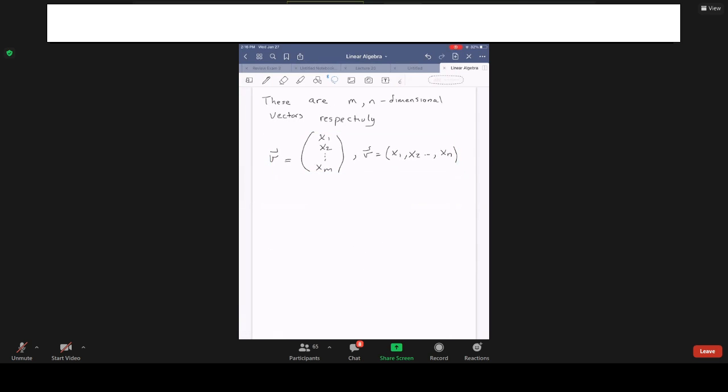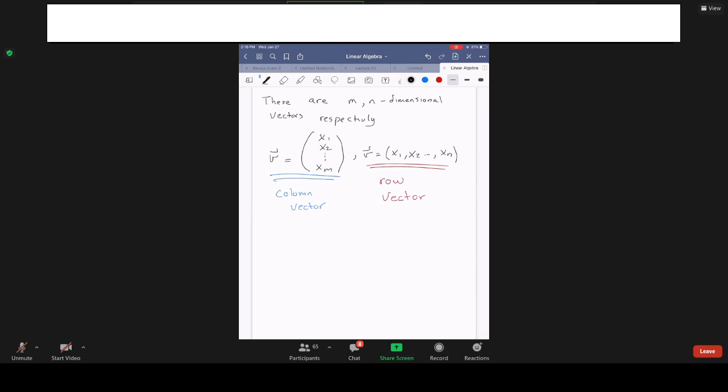This one right here, we will call a column vector. And this one right here, we say it's a row vector. And you'll see why we have these names, and it's coming up right now.